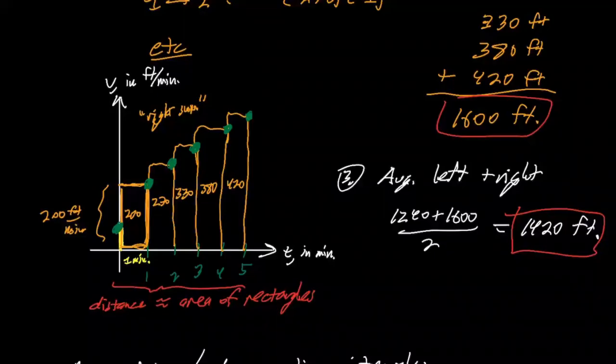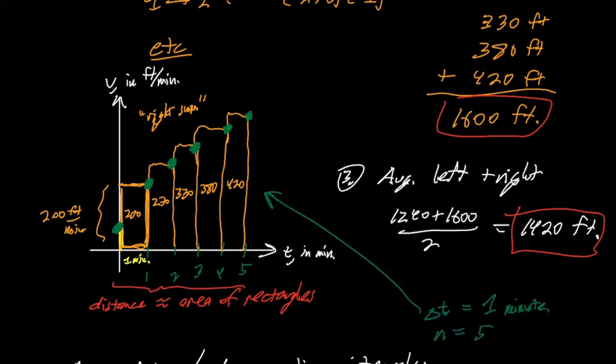All right, so we've looked at what happens if we take a reading every minute. You can actually give that a name. In this example, the time interval delta t is 1 minute, and so we ended up with n equals 5.